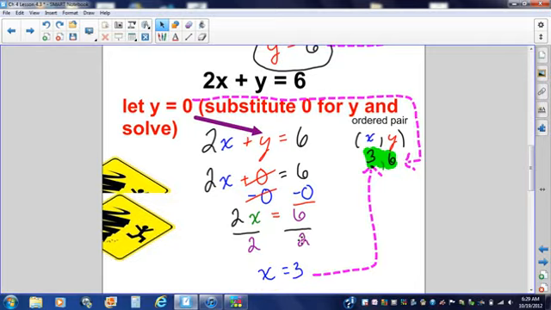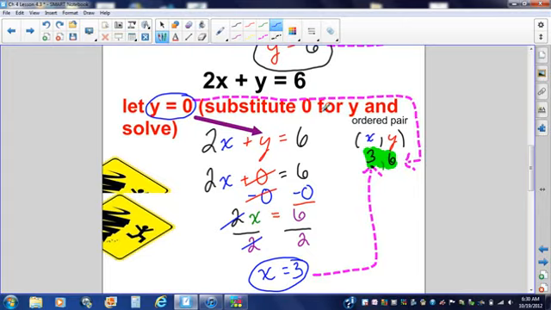Divide both sides of my equation by 2. X equals 3. Put in 3 for x. Put in 0, and that is very, very sloppy, I apologize. Put in 0 for y.